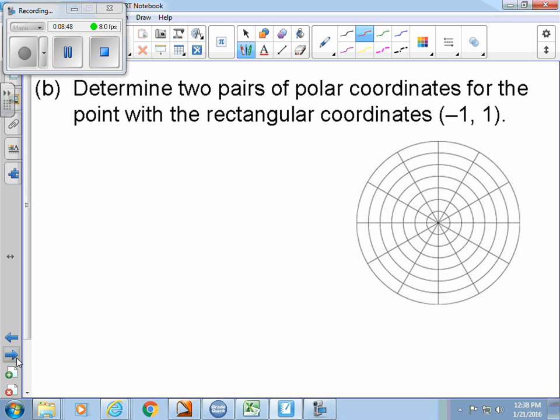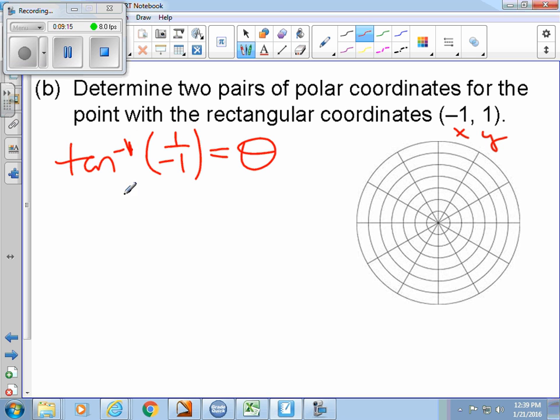Okay, backwards. I have rectangular coordinates, x equals -1, y equals 1. I want polar coordinates. How would I find them? I can find either one first, right? Tan inverse of 1 over -1 gives me theta. Now, I do have to be careful. We'll talk about that as we find it. And what gives me r?